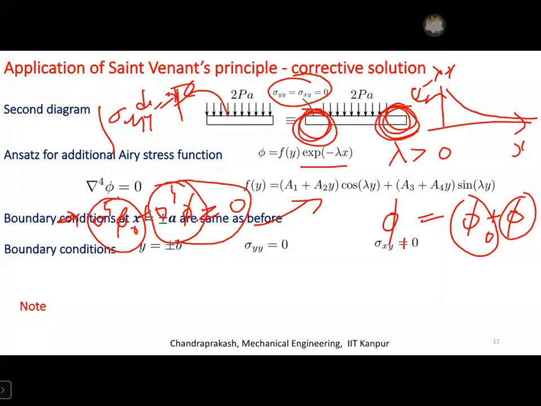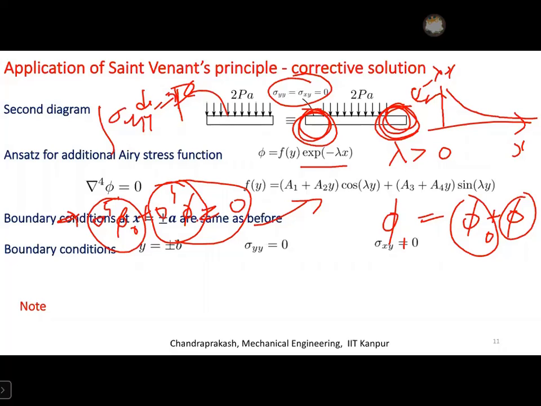So A1 cosine lambda y represents a symmetric function, whereas A3 sine lambda y is an odd function, which is an asymmetric function.